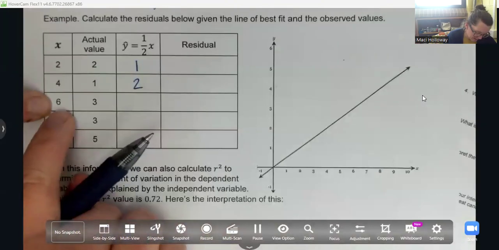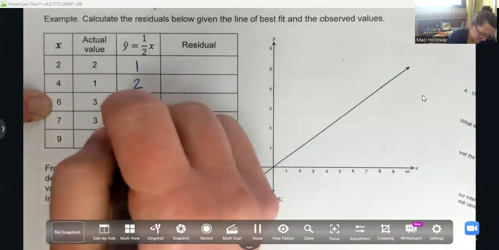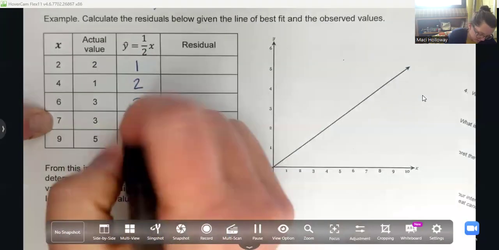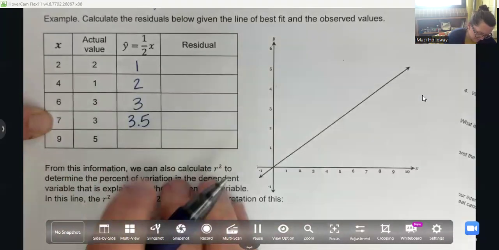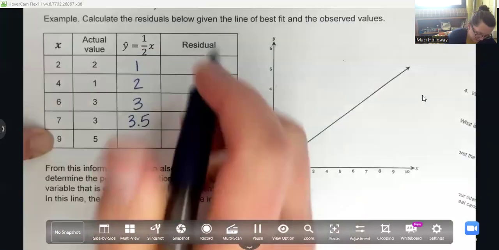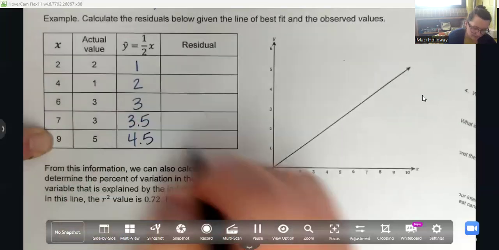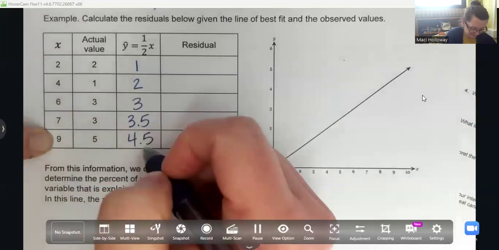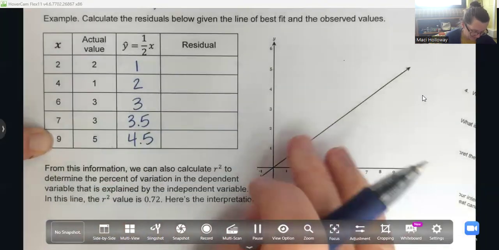If our x value is 6, our predicted value is 3. If our x value is 7, our predicted value is 3.5, half of that. And if our x value is 9, then our predicted value is half of 9, so 4.5.